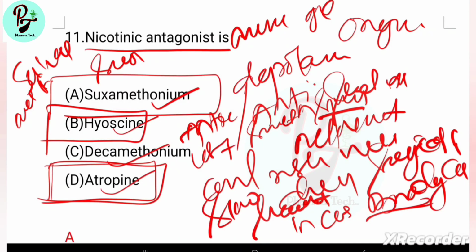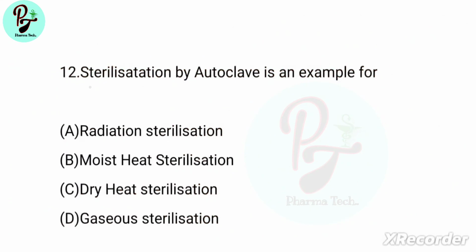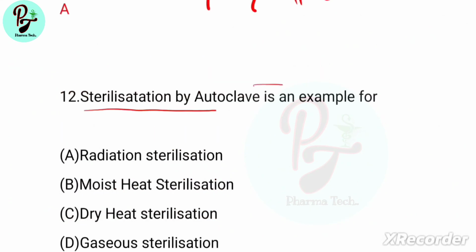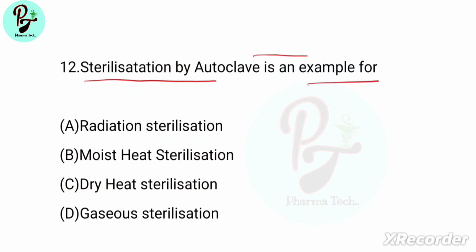Another drug is decamethonium. Decamethonium, another name is syncurine, is a depolarizing muscle relaxant or neuromuscular blocking agent and is used in anesthesia to induce paralysis. Next question: sterilization by autoclave is an example of, options are radiation sterilization, moist heat sterilization, dry heat sterilization, gaseous sterilization.